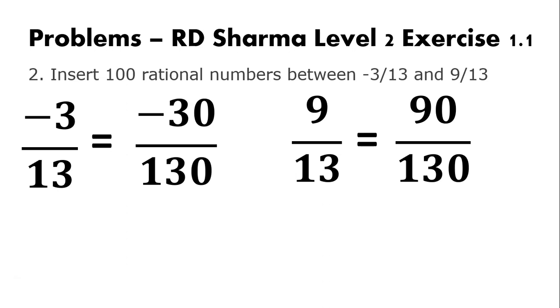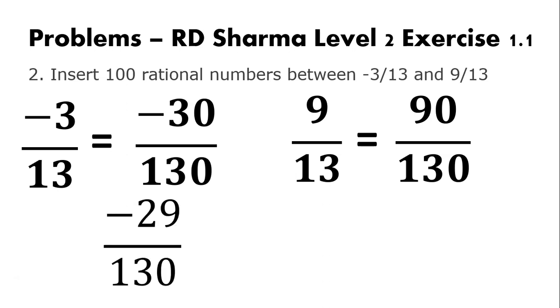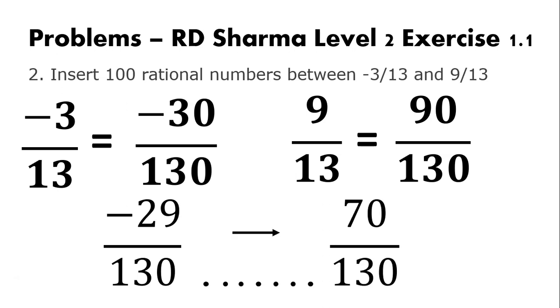So since we have expanded it, now it's easy because clearly between minus 129 by 130 to 70 by 130, these are the 100 rational numbers that lie between minus 3 by 13 and 9 by 13.